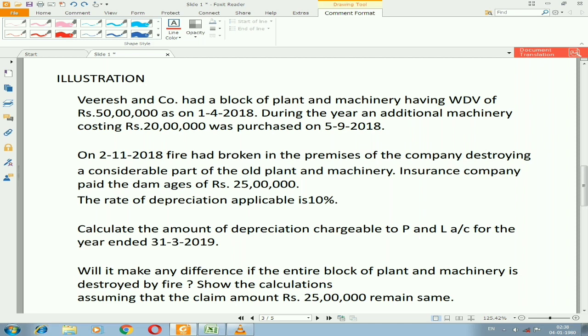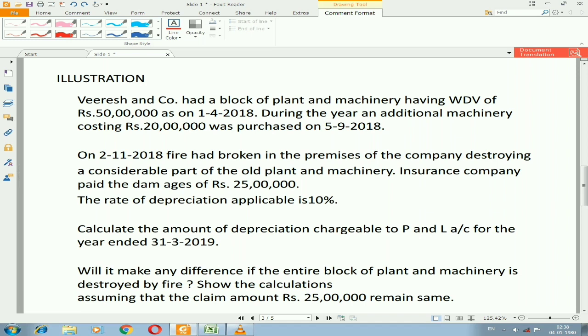So Viresh and company has a block of plant and machinery with an opening value of 50 lakhs as on 1/4/2018, and during the year 2018-19, they also purchased additional machinery costing rupees 20 lakhs, and they have given the date of purchase. From that day onwards they have started using it.